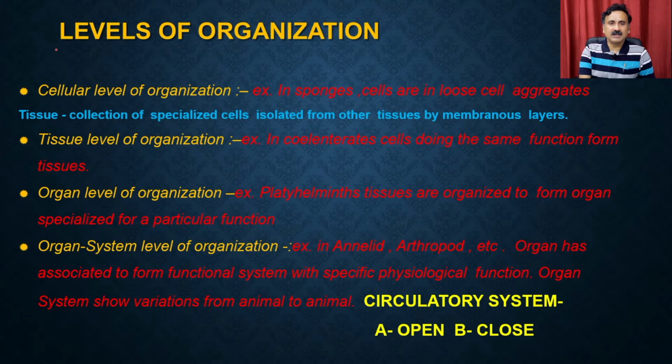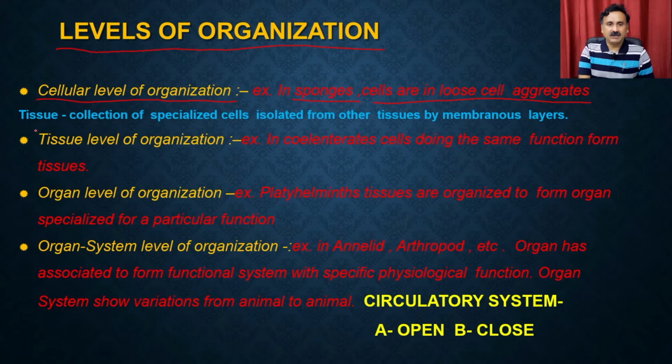If you recall, we were discussing the level of organization. It could be of different types. You can have the cellular level of organization. These are the organisms where only cells are present. The classical examples are the sponges. These organisms have cells in loose aggregates.